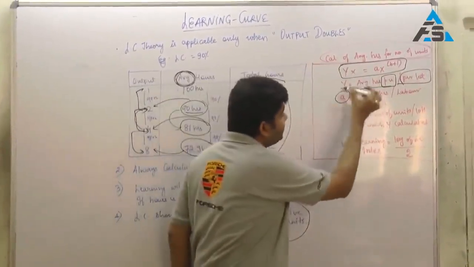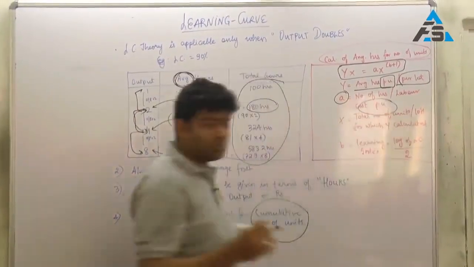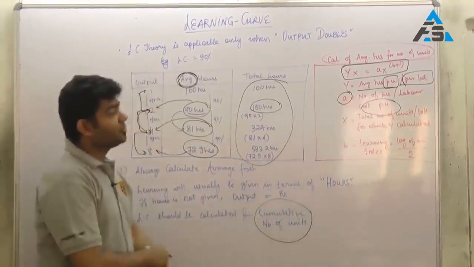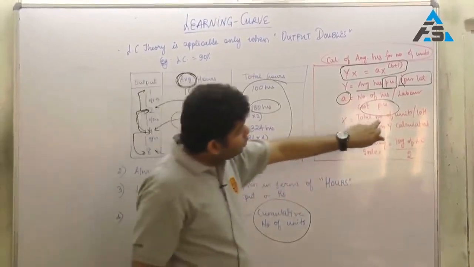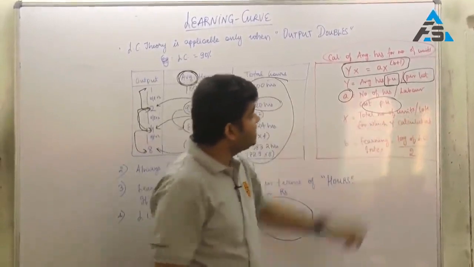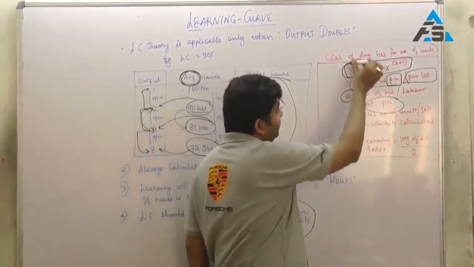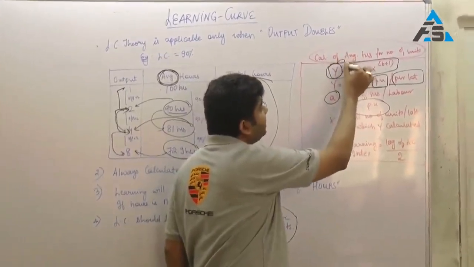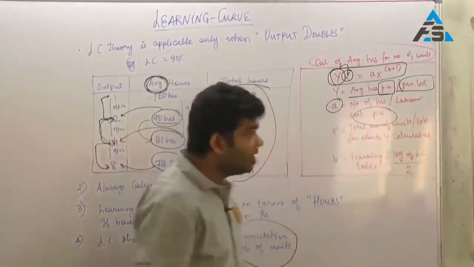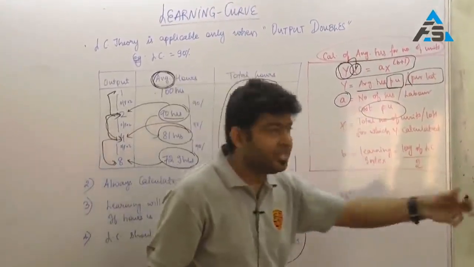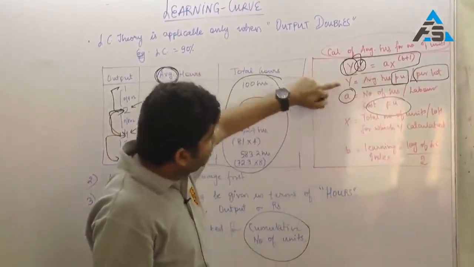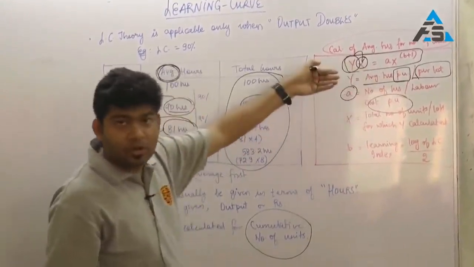A, number of hours or cost per unit. This is usually the number of hours for the first unit. X, the total number of units for which Y is to be calculated. So this Y is the average hours for how many units? 20, 30, 40. For how many lots? 5, 10, 15 is my X. So Y, average hours per unit or lot.